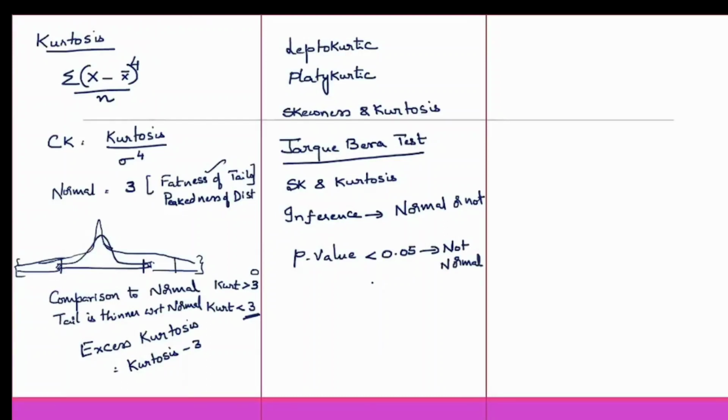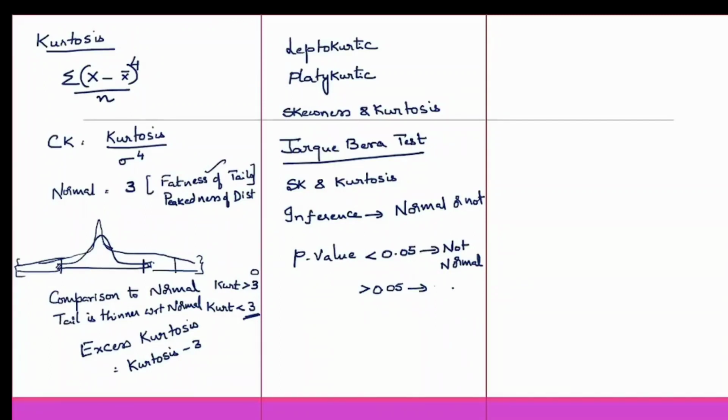So this test is done by using both the skewness and the kurtosis value. If the p-value is less than 0.05, then you are concluding that the data is statistically not normal. If it is greater than 0.05, you don't have the necessary evidence to say that it is not normal.